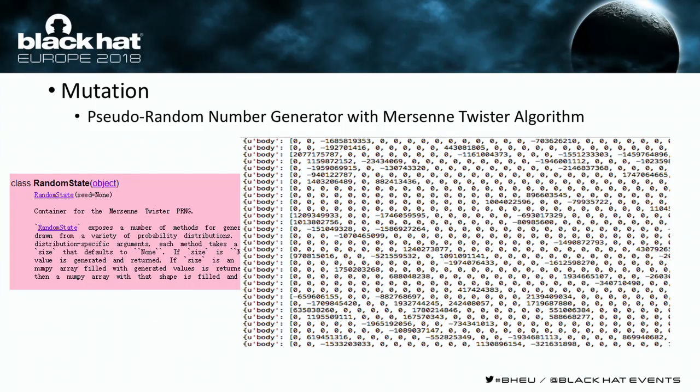The pseudo-random algorithm we use is based on the Mersenne Twister algorithm, which has been implemented in the NumPy library. Then we will replace some of the normal values with our pseudo-random numbers in the message body.